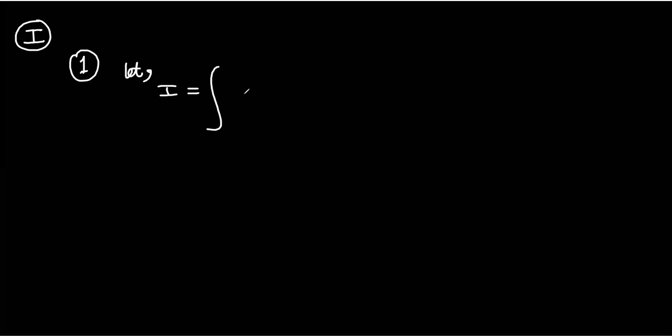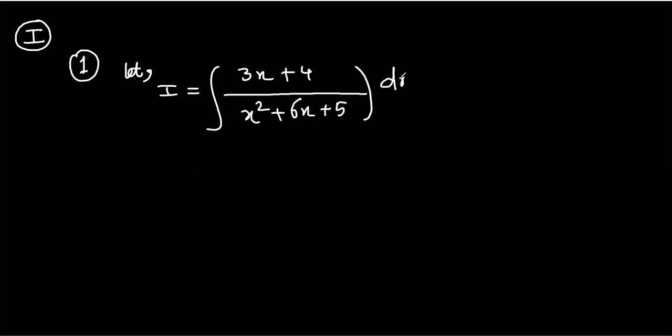Let I equal to 3x plus 4 divided by x square plus 6x plus 5. What is our aim? Our aim is to integrate this particular integrand.